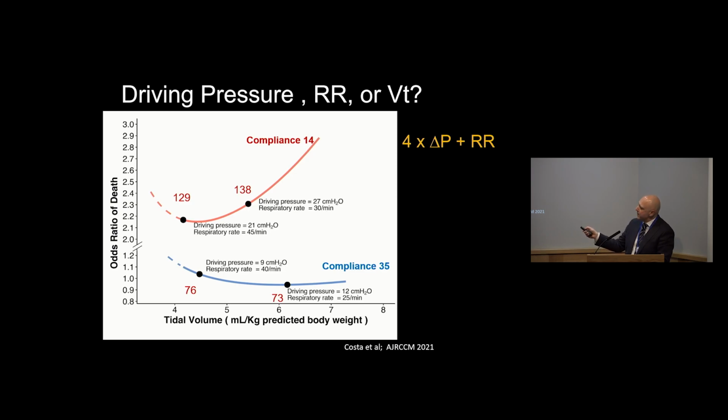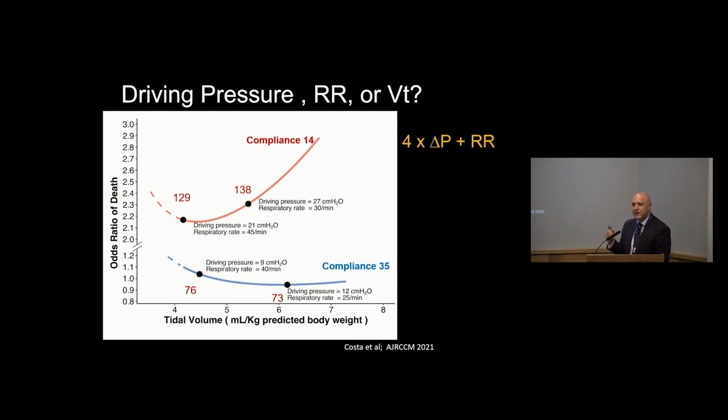The higher the number, the higher the odds ratio of death. So in this particular patients with low compliance, actually it's best to be on a higher respiratory rate and a low driving pressure than the other way around. Whereas in patients with higher compliance, this might be very different. So you can't really tell at the bedside, and so some ideas of calculation when you do the changes at the bedside might give you an indication whether you are going up on the odds ratio of death or down on the odds ratio of death.